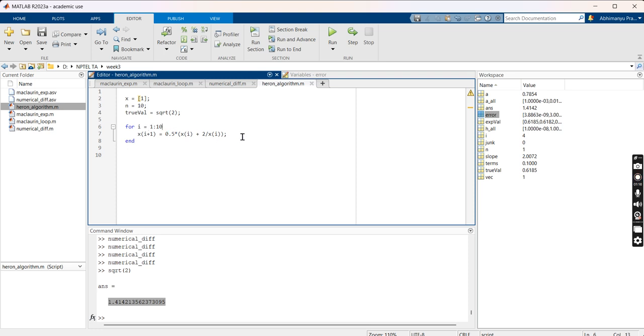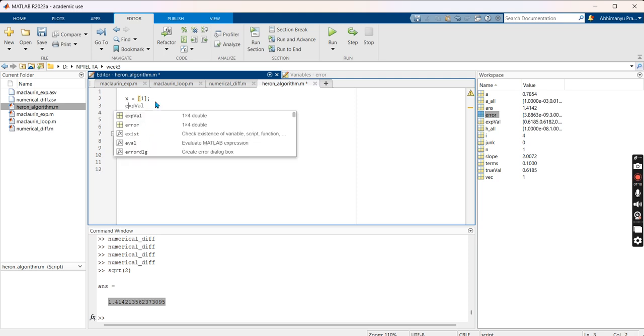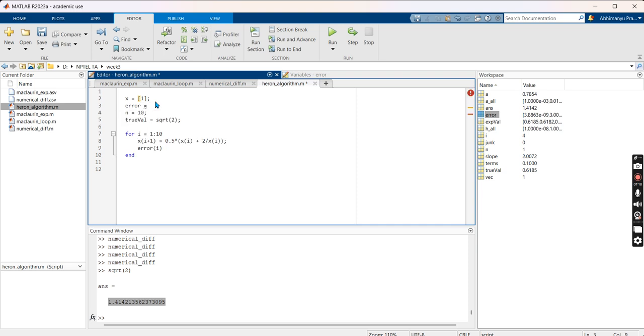I will run this algorithm 10 times and see how close I am to the true value, so I will calculate my error. Let me initialize error also. I am initializing my x to 1 right now, and my error vector is empty. So this will be the absolute of x(i+1) minus the true value.